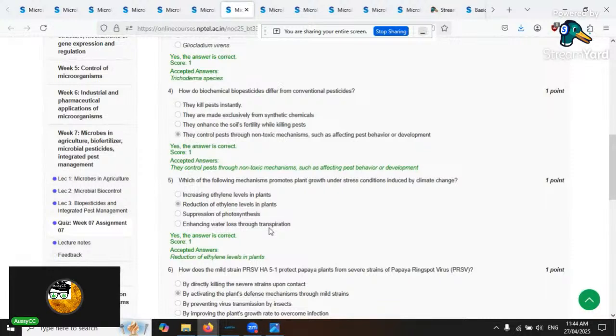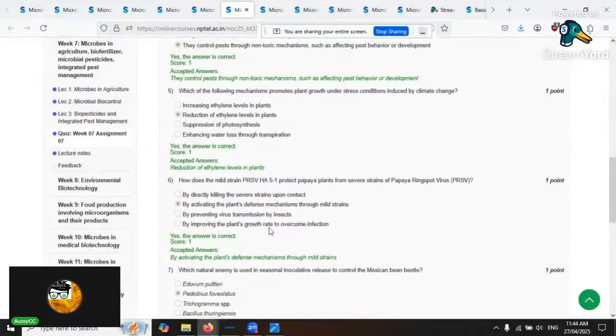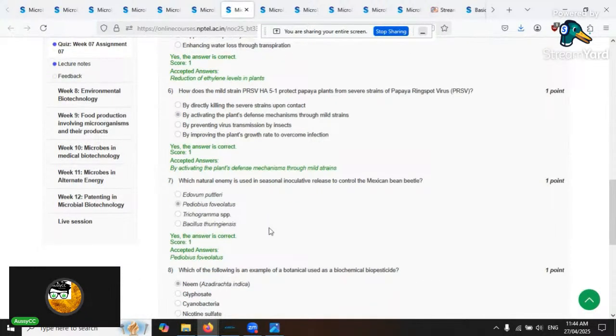By activating the plant's defense mechanism. Which natural enemy is used in seasonal inoculative release of Mexican beetle? Pediobius genus. Which of the following is an example of a botanical used as a biochemical biopesticide? Neem.